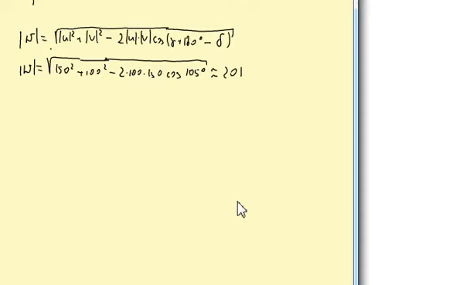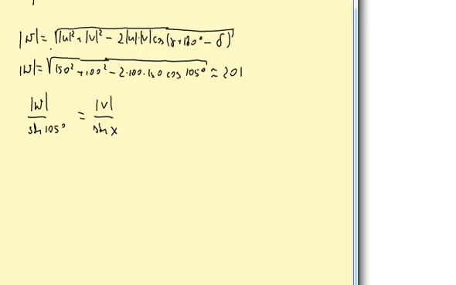So now applying the sine law, the length of vector W divided by sine 105 degrees equals the length of V divided by, and this is the angle we are looking for, let's call it sine x.